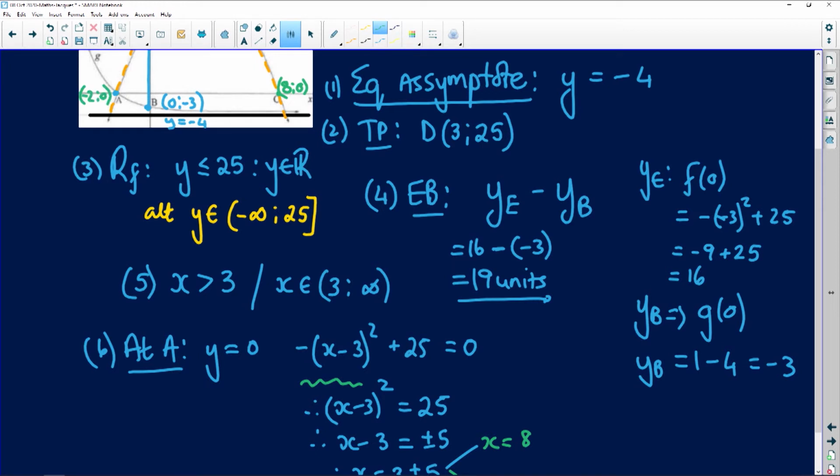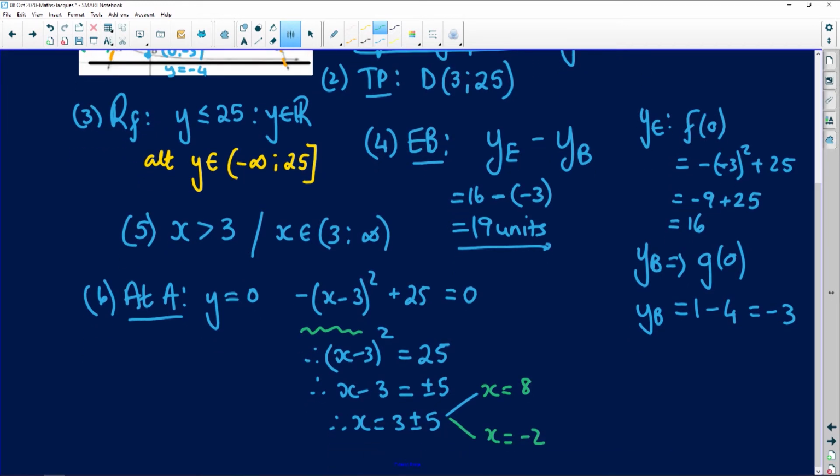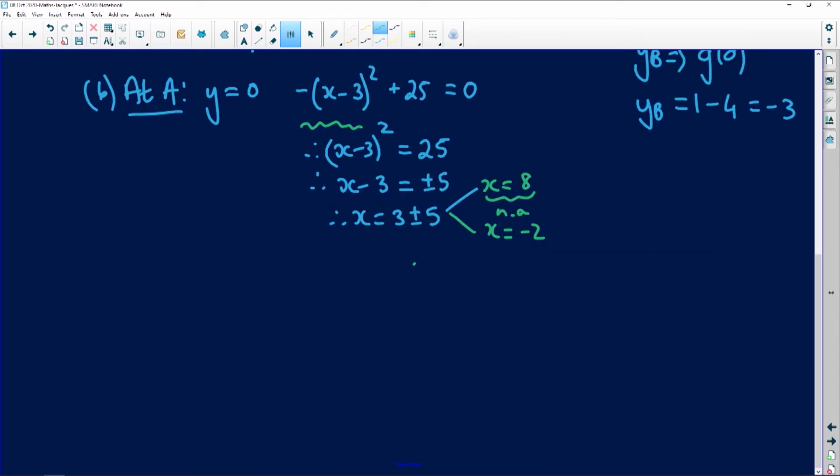So the gradient between those 2 points. Okay, so this here again is not applicable for what we want to do. Our gradient of AB, now this part of the question is for 5 marks, so they do expect us to do some work here, as you can see.